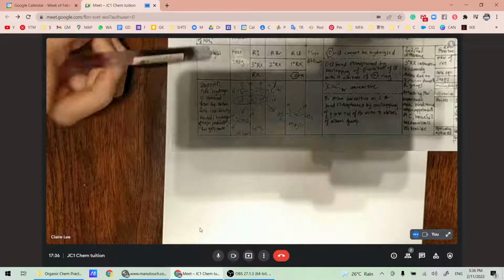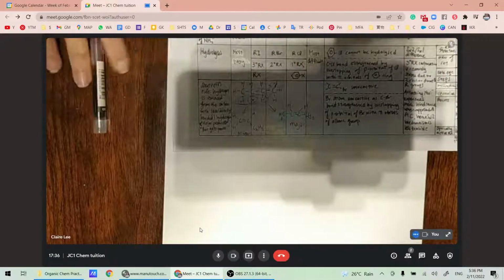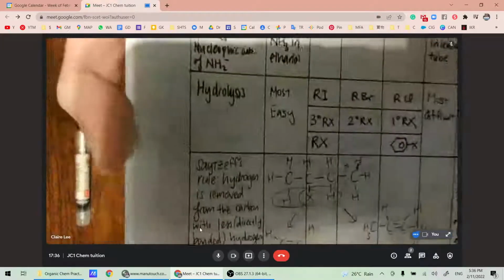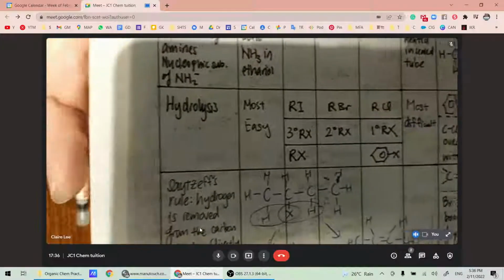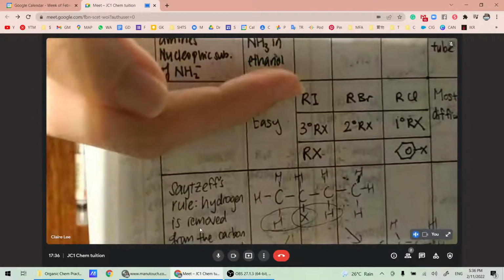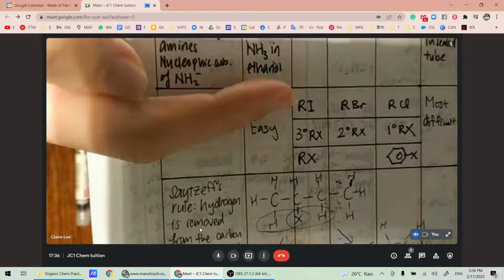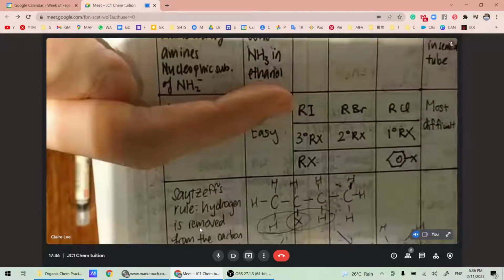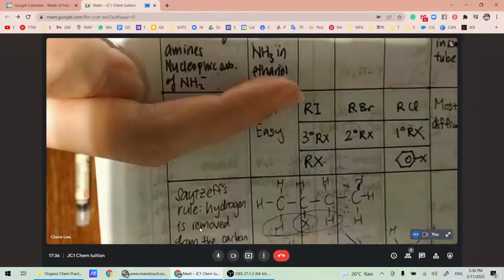The next part in this chapter that's very important is the comparison on hydrolysis. The ones you really need to know are in this table. Iodide, being the largest with the longest bond, will be the easiest to hydrolyze, followed by bromide and chlorine.